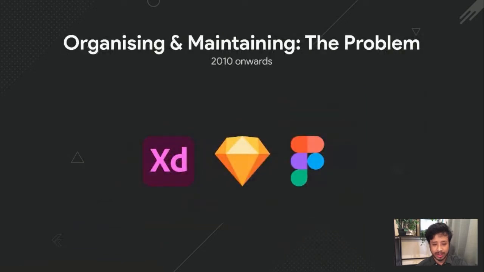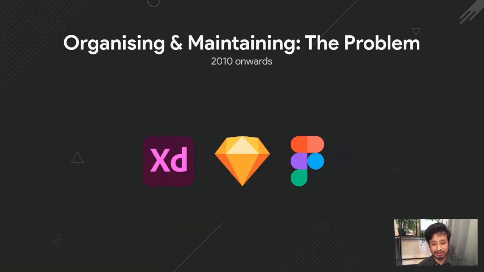Later on, moving ahead in time, there were products like Sketch, Figma, and Adobe XD. This actually made working on interfaces easy. But the problem arises when we have hundreds of screens, including responsive devices, and multiple designers working on the same project.